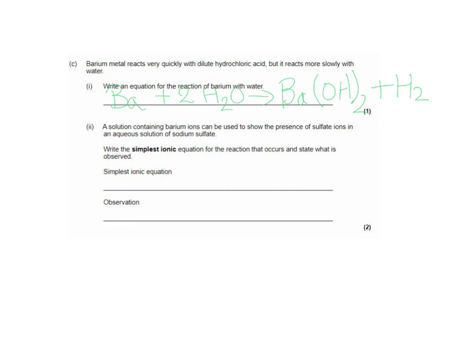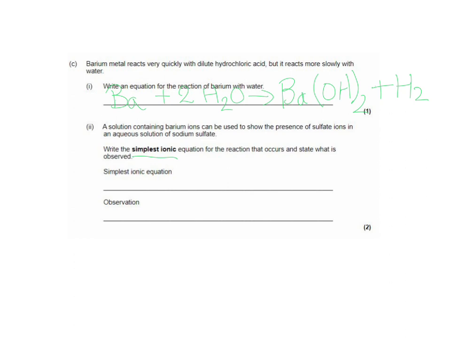Okay. A solution containing barium ions can be used to show the presence of sulfate ions in an aqueous solution of sodium sulfate. Write the simplest ionic equation for the reaction that occurs and state what is observed. So it's the simplest ionic equation like we've talked about earlier in the year.